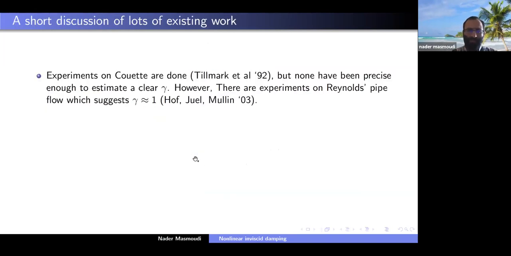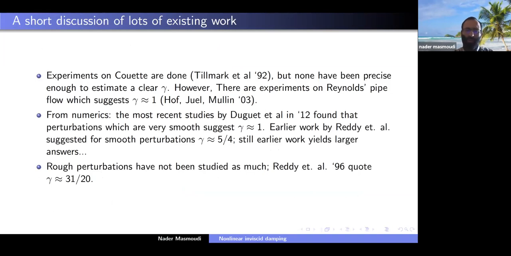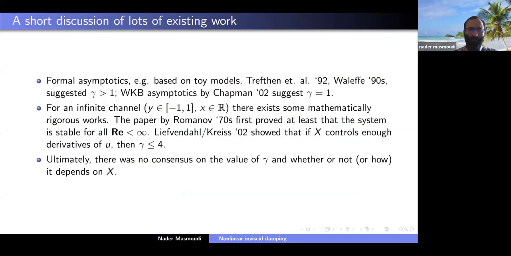And there has been a lot of work on this, especially experiments and numerics. There are different estimates about this number. I think now at least mathematically, we know that this number is 1. There were also different works. Maybe I'll skip these two.